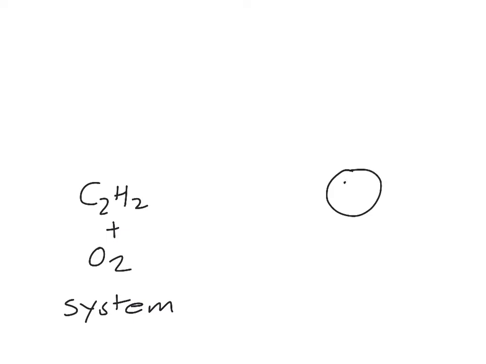Remember, as chemists, we always divide the entire universe into two parts. We divide the entire universe into the system, in this case the acetylene and the oxygen, and everything else.